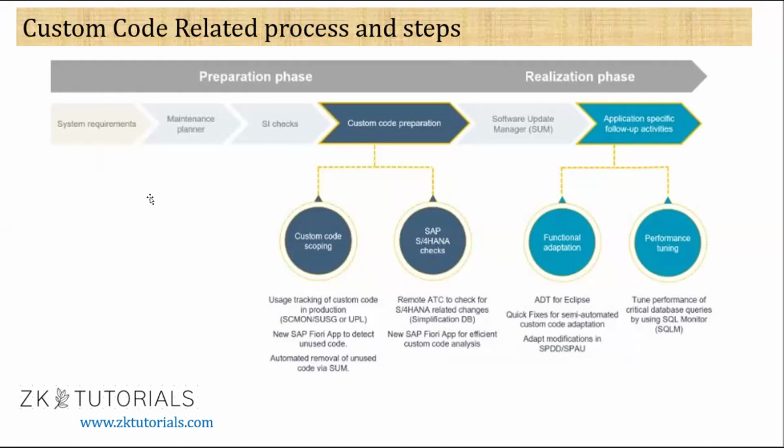In the preparation phase, they identify the code, remove unused code, then do basic checks for HANA implementation and the S4 HANA readiness check. Then they apply the updates and upgrades, update to S4 HANA, do the necessary installation and setup, and move data from the old system to the new system.